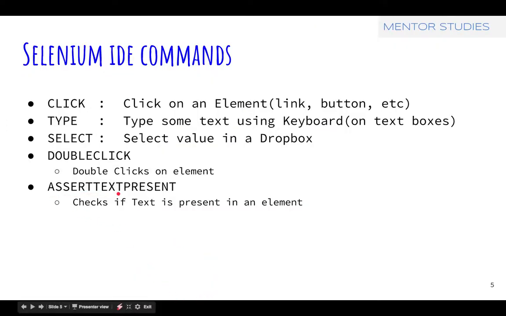Then there are certain scenarios when you need to verify something. If this page has these, then the test case should pass. Those cases are called assertions. Say you are in a calculator application and you are going to automate the addition operation.